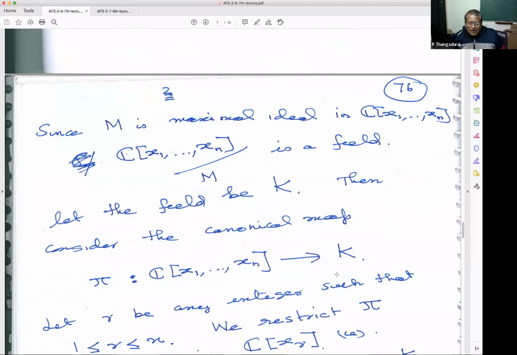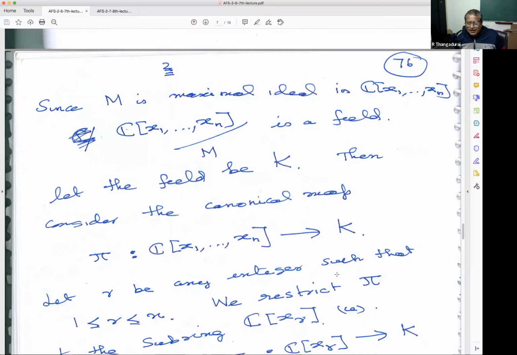For any r between 1 and n, since x1, x2, ..., xn are there, I'm going to choose an arbitrary index, one integer r, and I'm fixing that r.